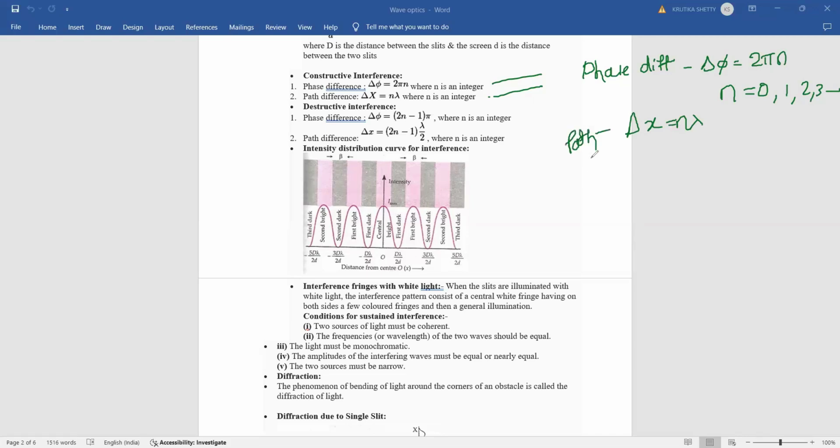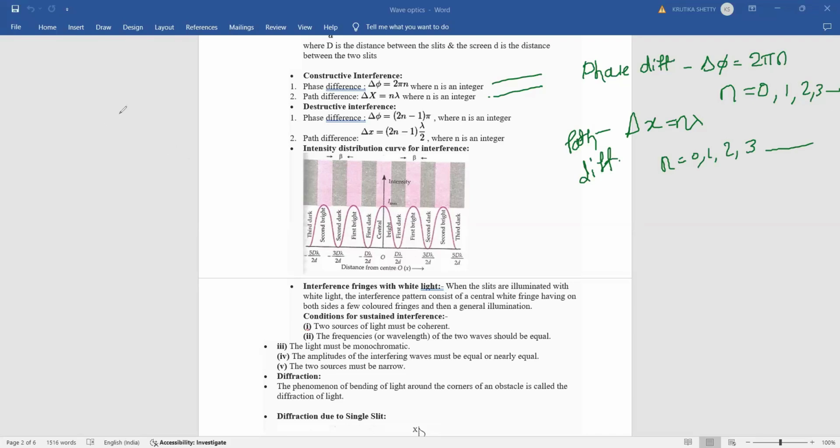So for the path difference, delta x is equal to n lambda, with n taking the values 0, 1, 2, 3, and so on. This is for constructive interference.